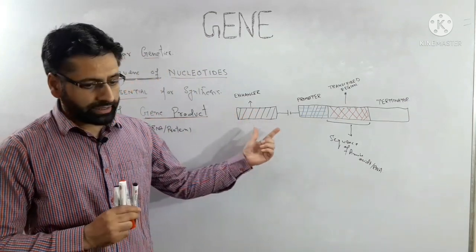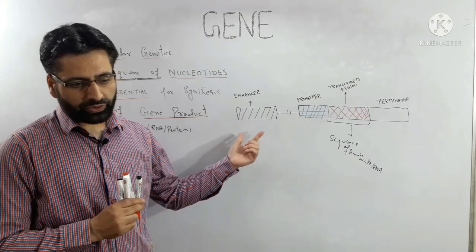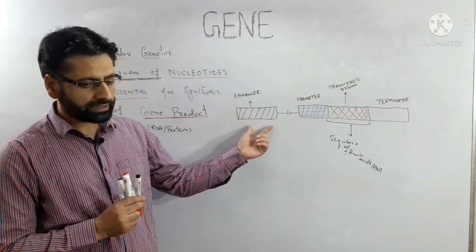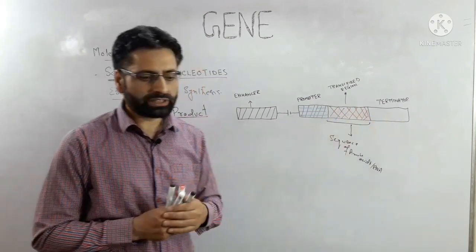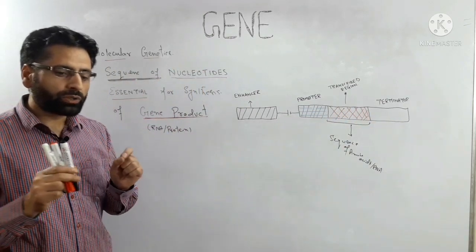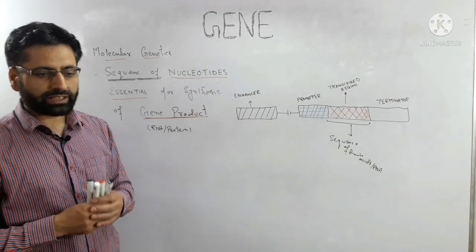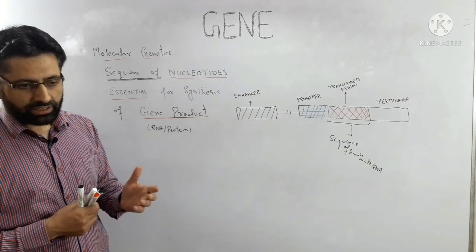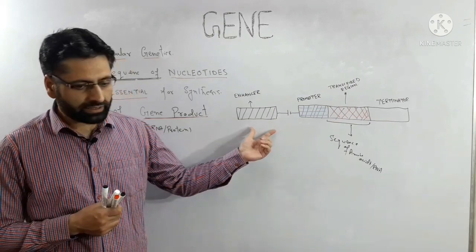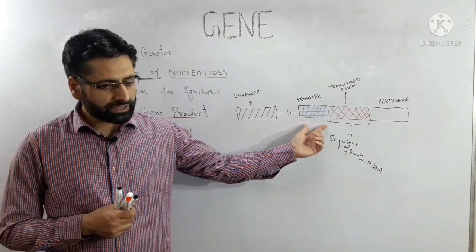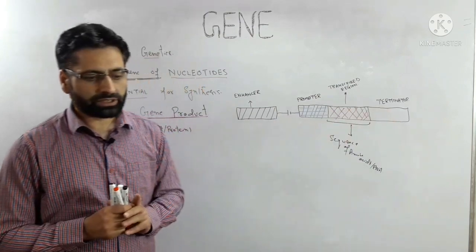And the rest of these nucleotide sequences which are present in this enhancer region or in promoter region or terminator region, these are non-coding sequences. That is, a gene structure is having first these non-coding sequences in the enhancer region, then in the promoter region, and also in the terminator region.